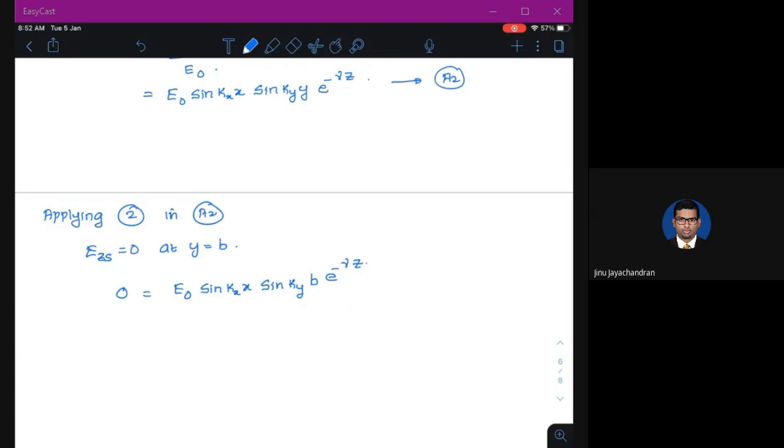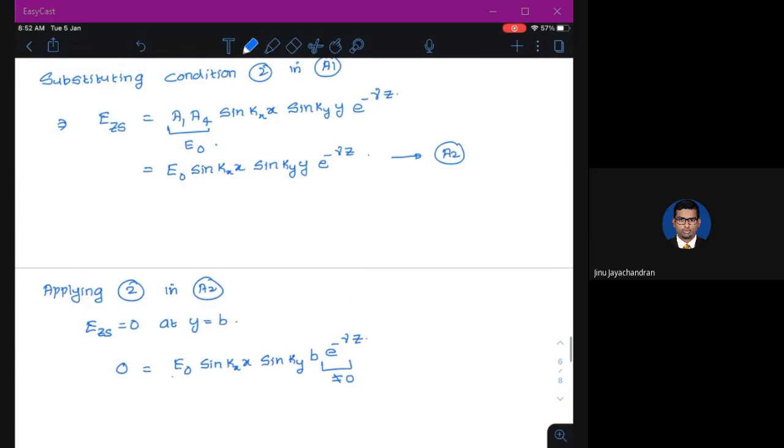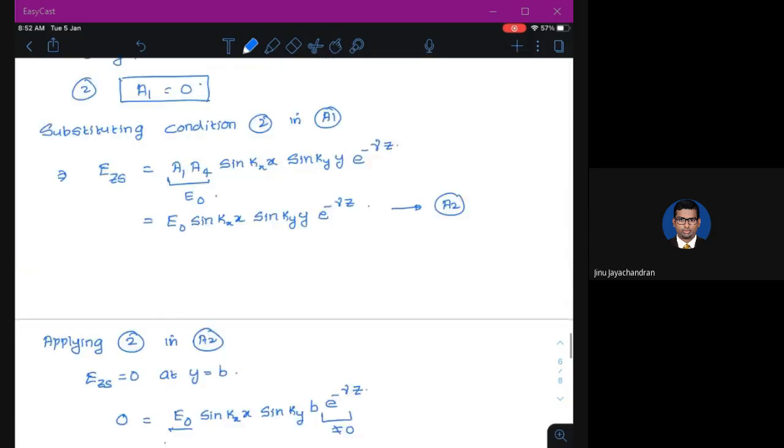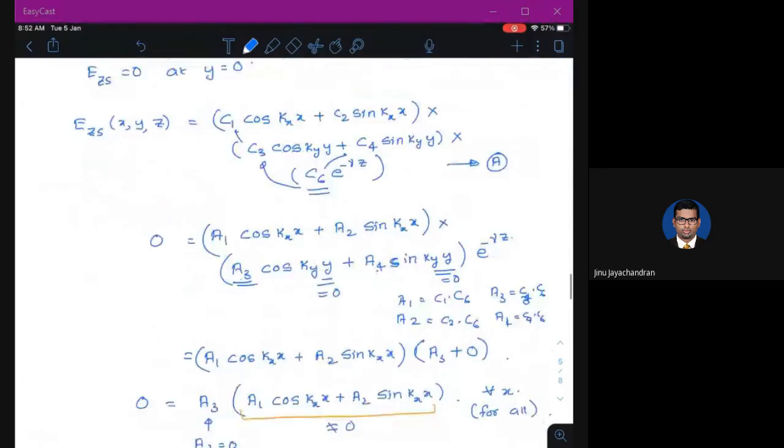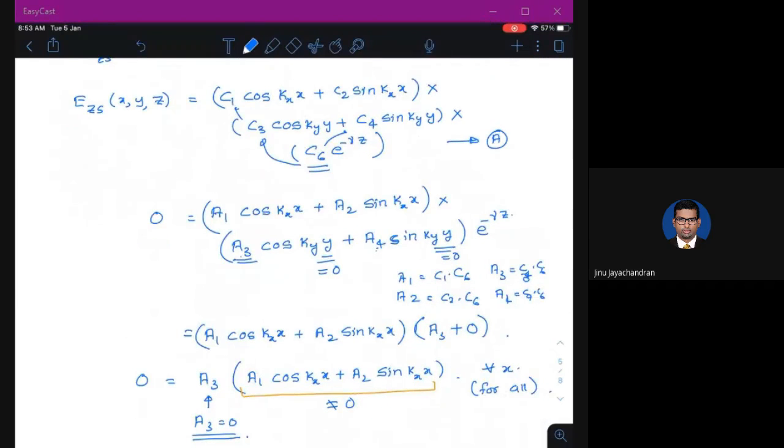Now for this equation to be 0, you see this cannot be 0 because z cannot always be infinity. Now E0 is some constant. So if I make A1 or A4 equal to 0, E0 is the product of A1 and A4, and A2 and A3 are already 0.